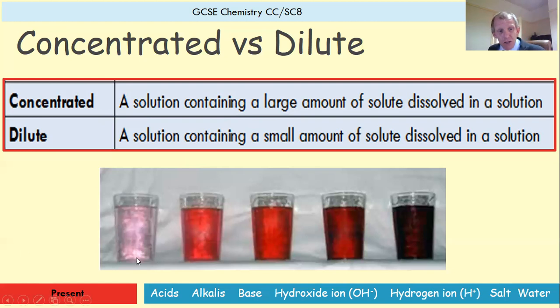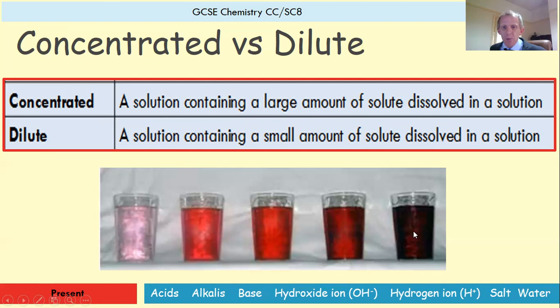So a dilute solution here, you can imagine this probably got filled up to about here with squash and then the rest of it water. So we had very, very small amounts of solute, which would have been the neat squash. And then the whole solution is once you mixed it in with the water as well. Whereas here, we would have had maybe a little bit more squash and then the rest water.